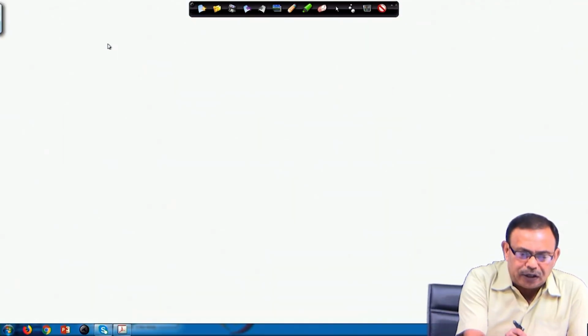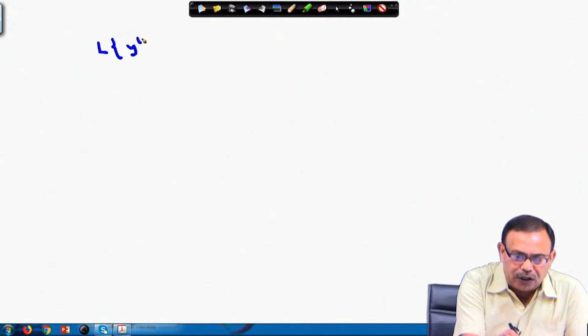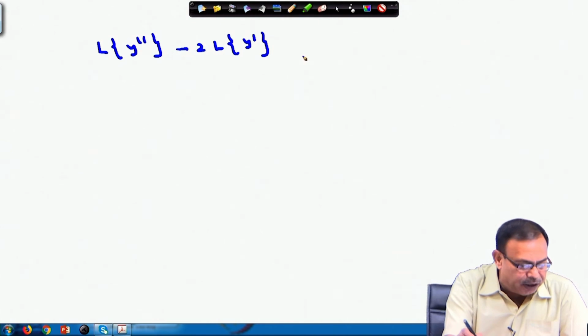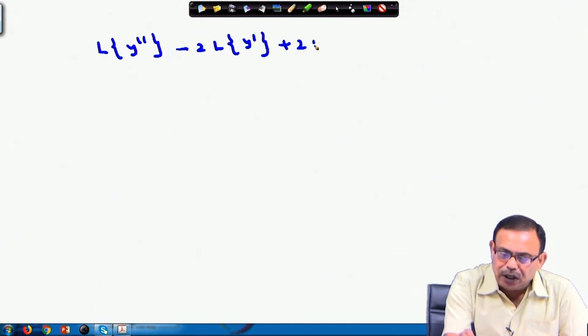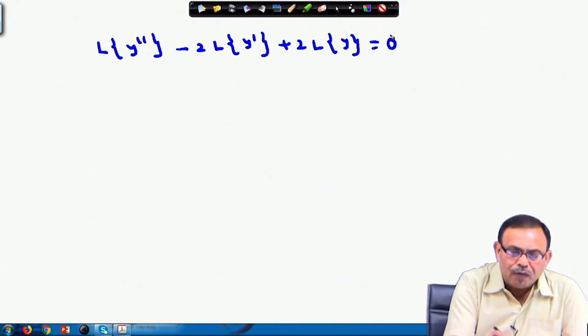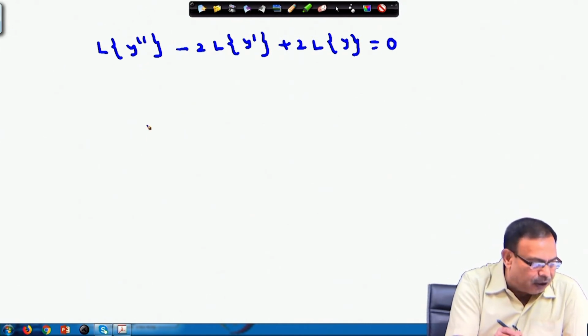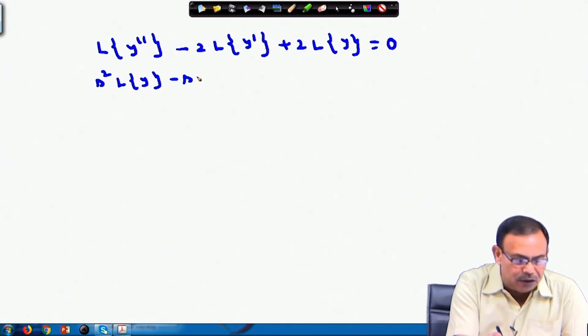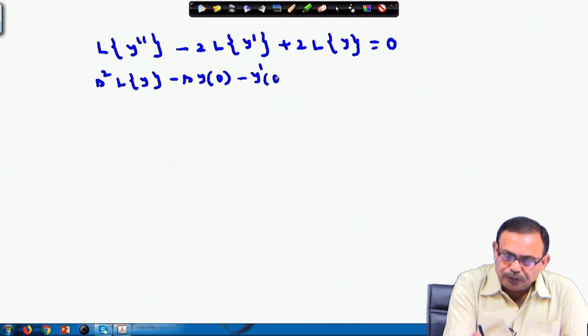Taking Laplace transform on both sides of the given equation, Laplace transform of y double dash minus twice Laplace transform of y dash plus twice Laplace transform of y equals 0. Laplace transform of y double dash I can write as s square into Laplace transform of y minus s into y 0 minus y dash 0.